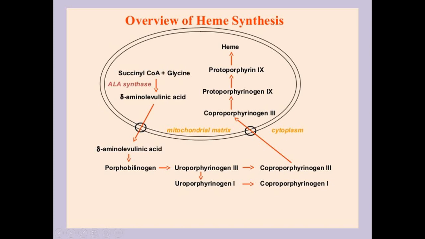Once coproporphyrinogen 3 is formed, it enters the mitochondrial matrix again, and then it is converted into protoporphyrinogen 9, then protoporphyrin 9, and then heme.